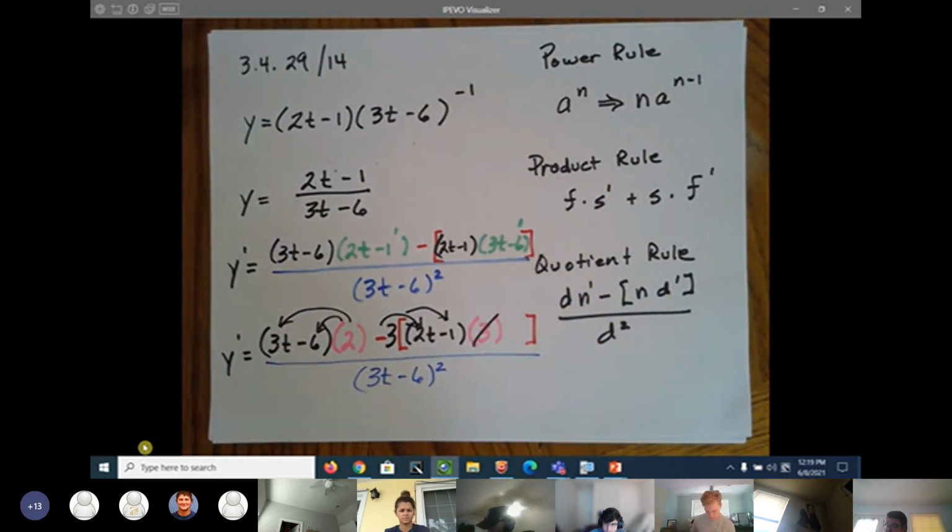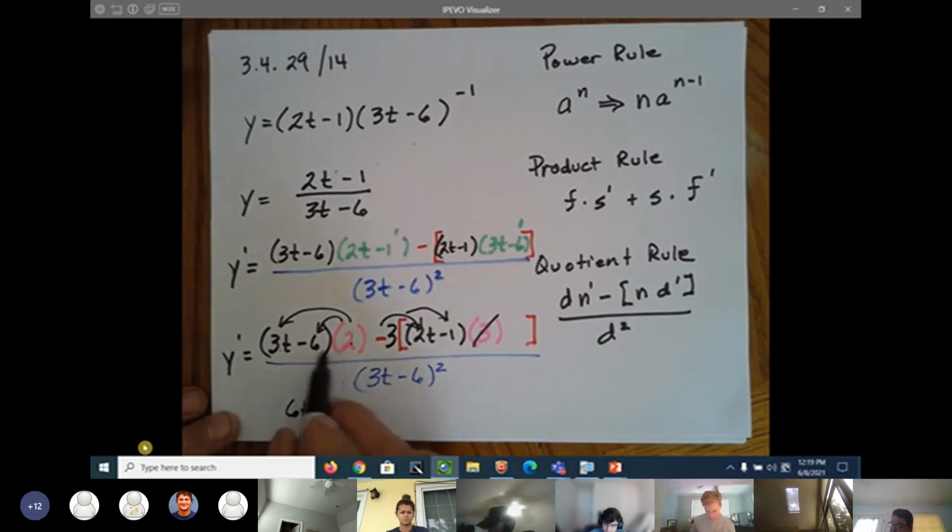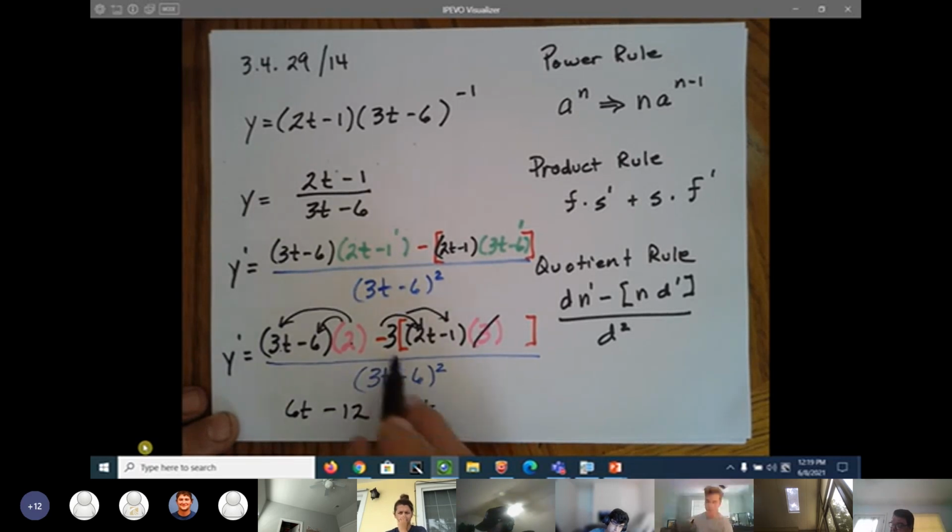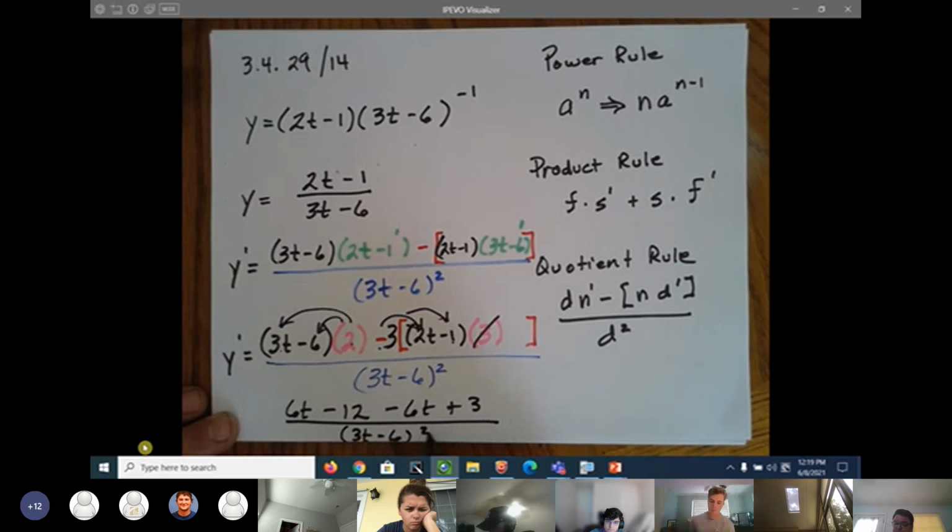So I'm going to get 2 times 3t is 6t minus 12 minus 6t plus 3 over (3t minus 6) squared.